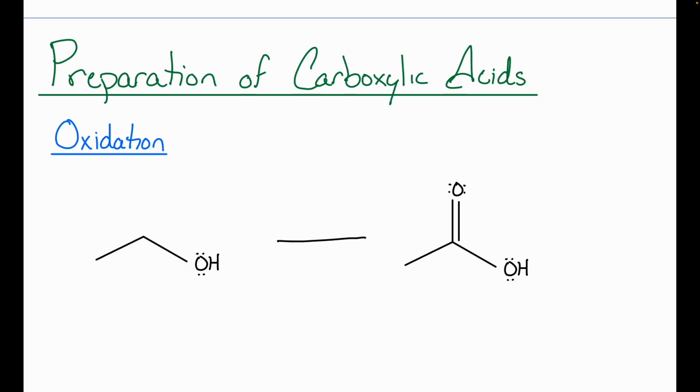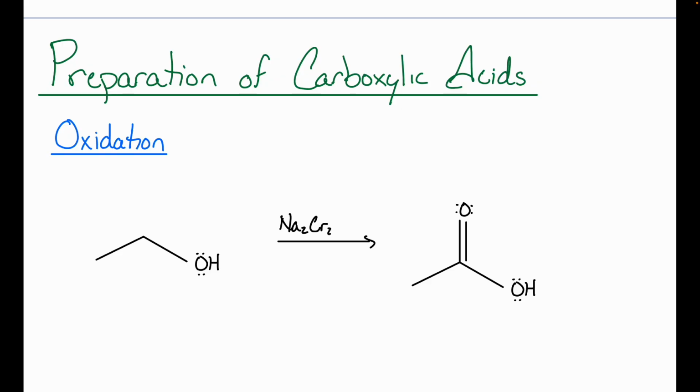Truthfully, there are quite a few different oxidizing agents that would accomplish this. The one that I've been testing you on, our strong oxidizing agent, was sodium dichromate. You have to do that under acidic conditions, dilute sulfuric acid. So we can oxidize our primary alcohol to a carboxylic acid.